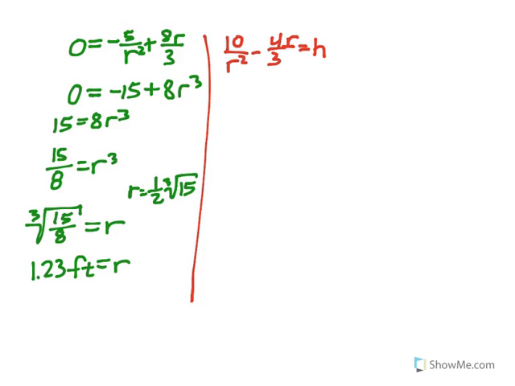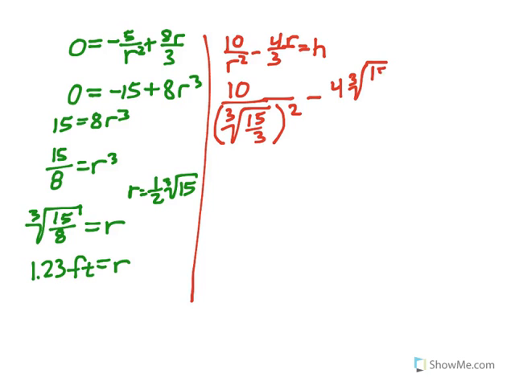But anyway, getting back to our value of h, if we substitute the 1/2 times the cubic root of 15 in here, we get 10 divided by the quantity cubic root of 15 over 8, squared, minus 4 times the cubic root of 15 over 8, over 3, is equal to h.